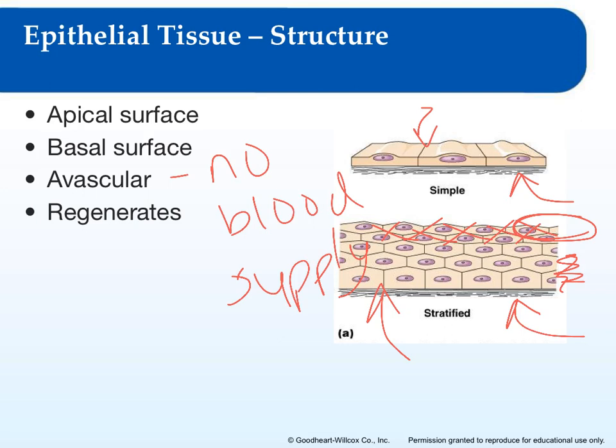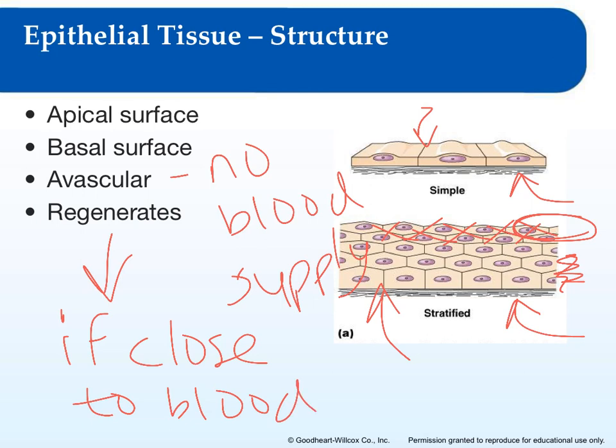Now this epithelial tissue, again, these are generic characteristics of epithelial tissue. Epithelial tissue, if it is close to that blood supply, will regenerate really, really well. So if it's down by that basement membrane and is really close to that blood supply, it will regenerate and grow very rapidly. That's why your skin is constantly growing and dividing.